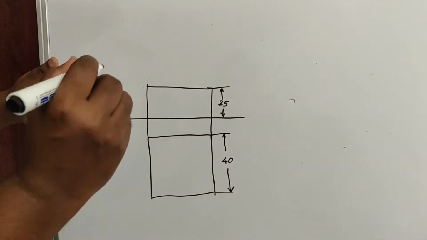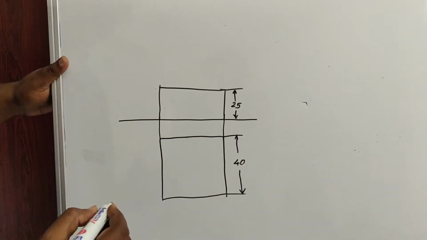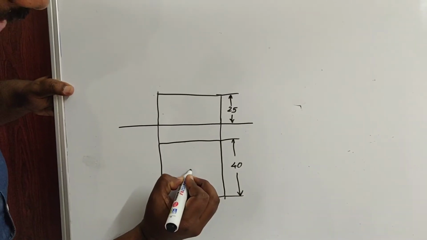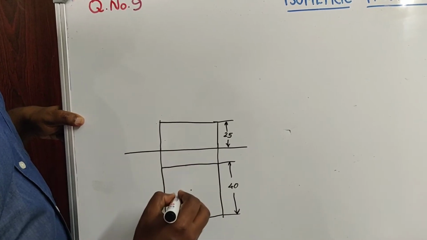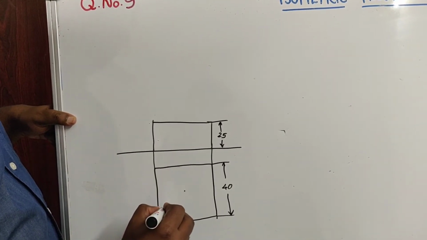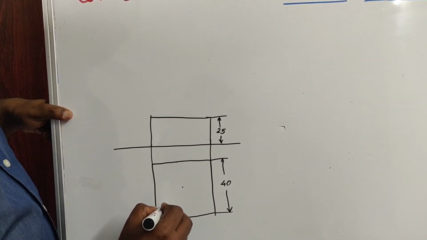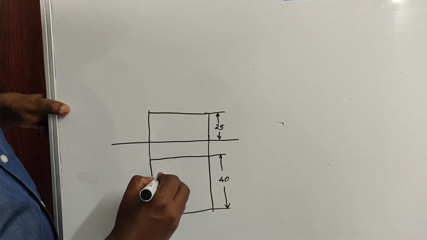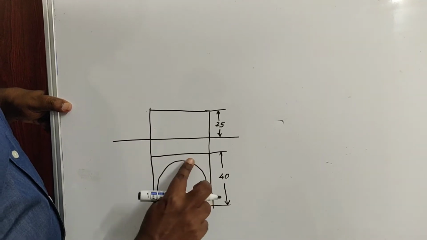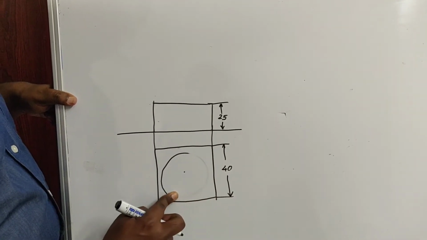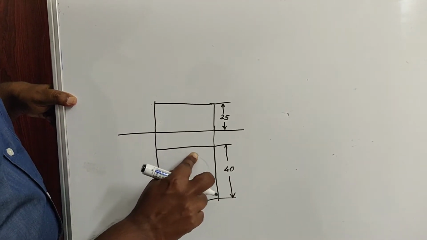Now inside this you are having a cone. So the base of the cone can be drawn inside the square itself. The diameter is 32. That means the radius is 16. Using 16 mm radius, we can draw the base of a cone.